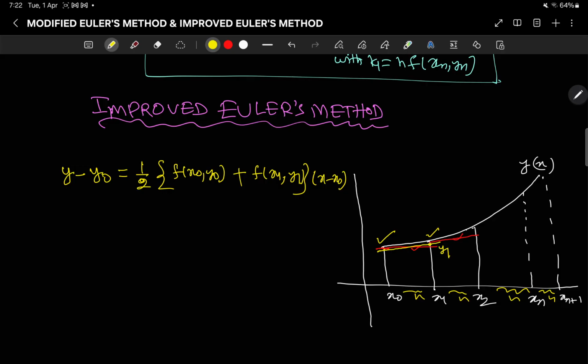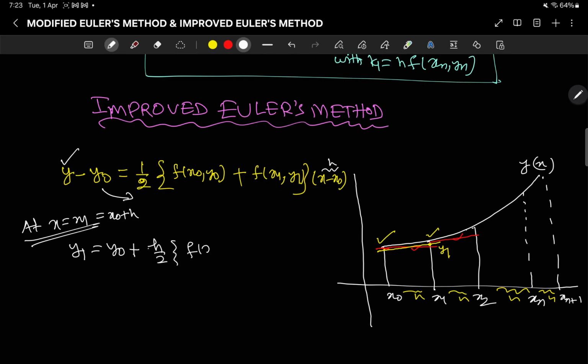So at x is equal to x1, this becomes y1 equal to y0 plus, where x1 is x0 plus h, so this gap becomes h. Bringing this to this side, here h by 2 times f(x0, y0) plus f(x1, y1).